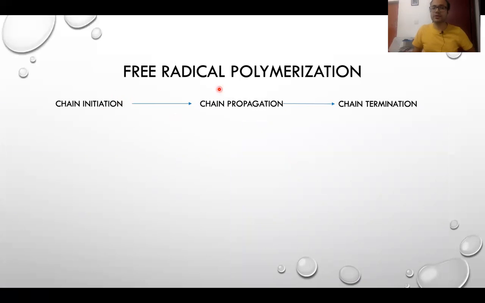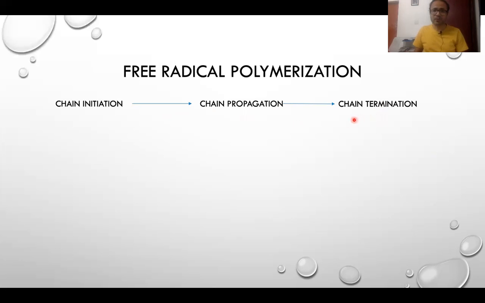Then you have a propagation phase where that activated monomer reacts with the other monomers to form proper chains, and then ultimately the chain is terminated. This three-step protocol you are also pretty aware of, because you have often studied it in your lower classes.